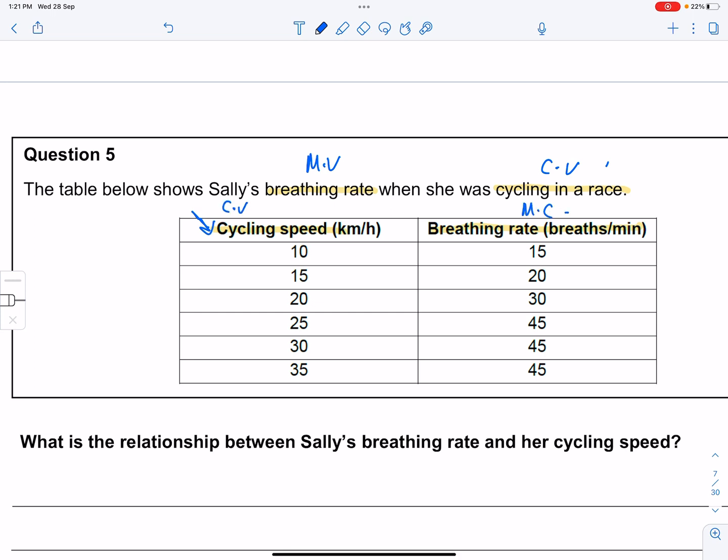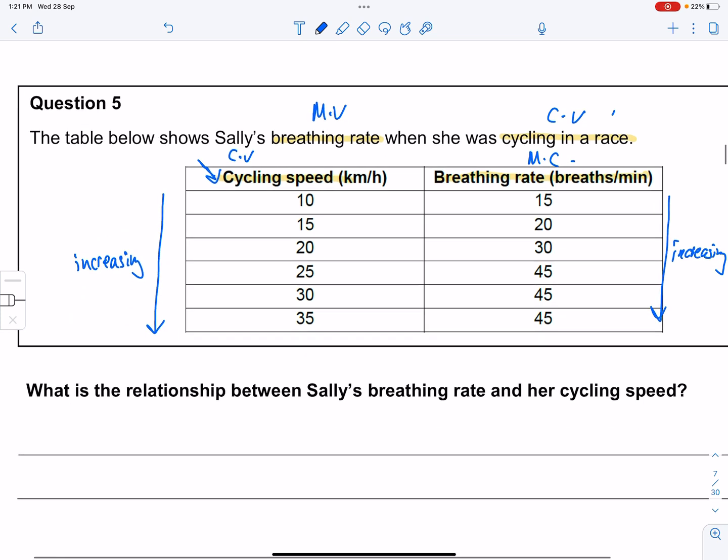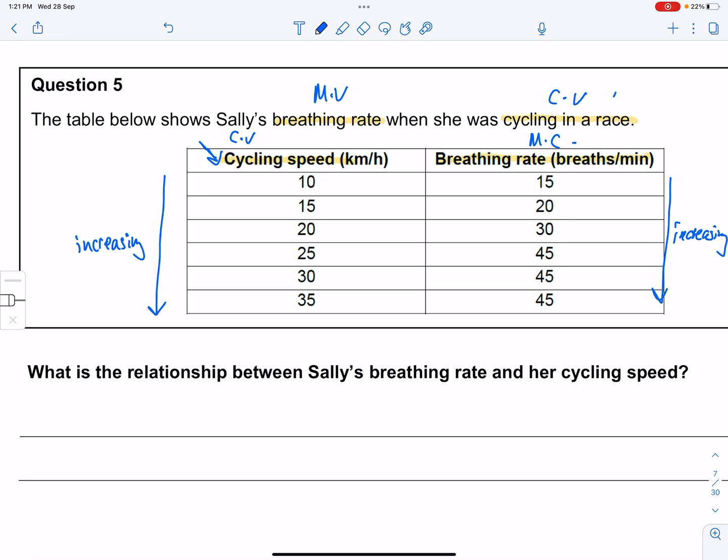So once again, do your arrows. When it's reading this way, it's actually increasing, and this way is also increasing. So you know that as cycling speed increases, breathing rate increases. So let's take a look at the question. What is the relationship between Sally's breathing rate and her cycling speed?